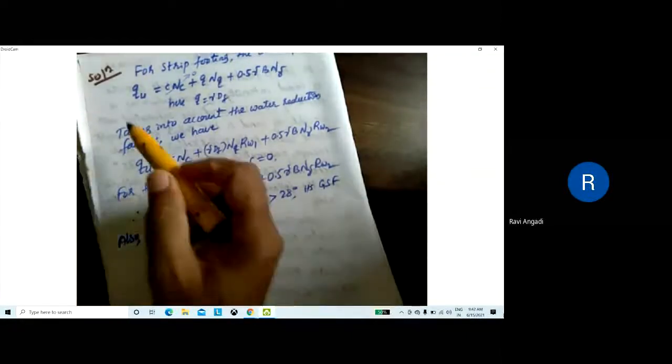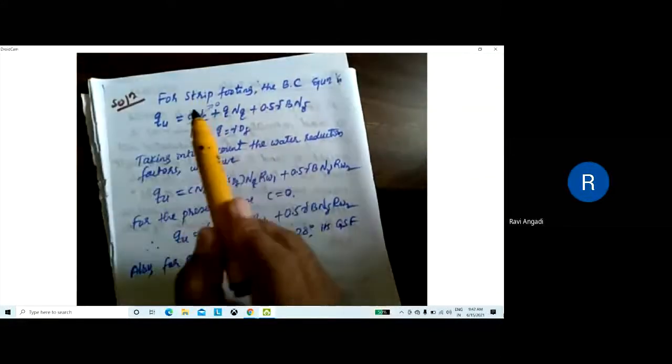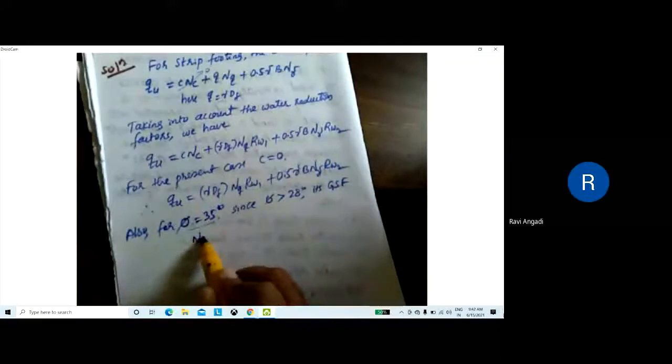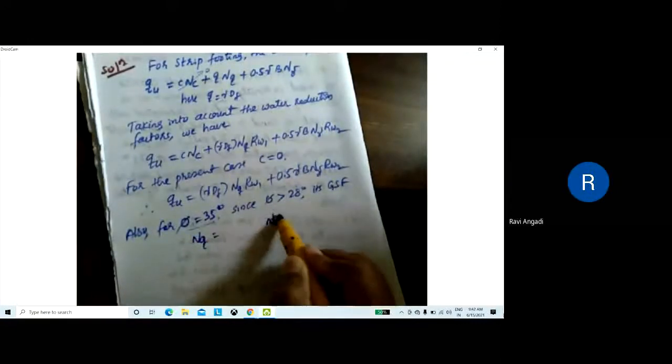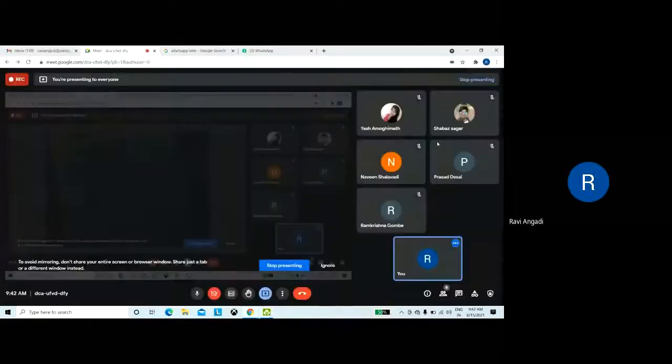For general shear failure, for phi equal to 35 degrees, what are the values? Already the first term vanished, that is Nc is not there. You only need to take Nq and N gamma, and you have to refer to the table. Okay, just a minute.